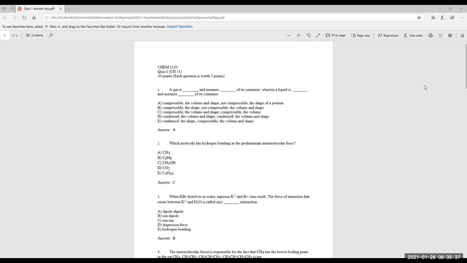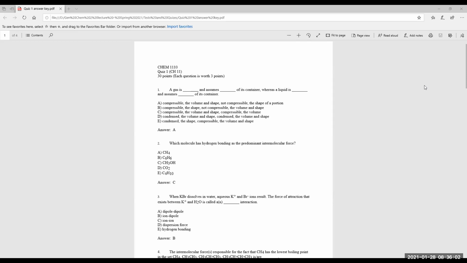Okay, so going through the quiz, question 1 was asking you to fill in some blanks concerning a gas and a liquid and how it goes into its container. And so the answer was a gas is compressible, and it assumes the volume and shape of the container.